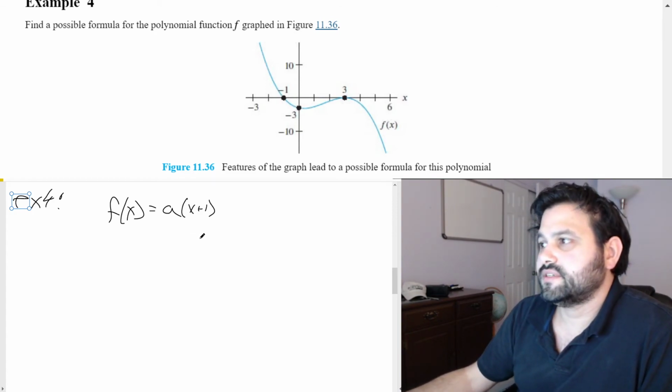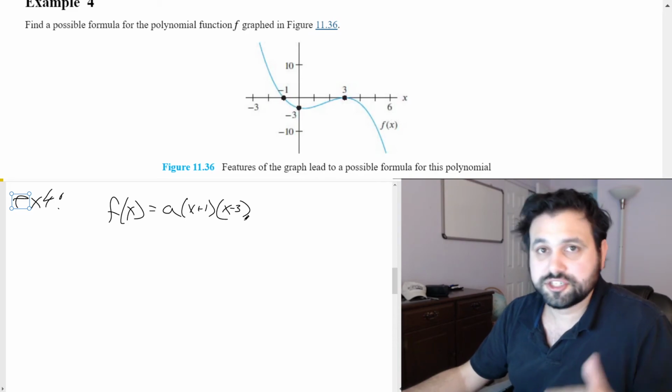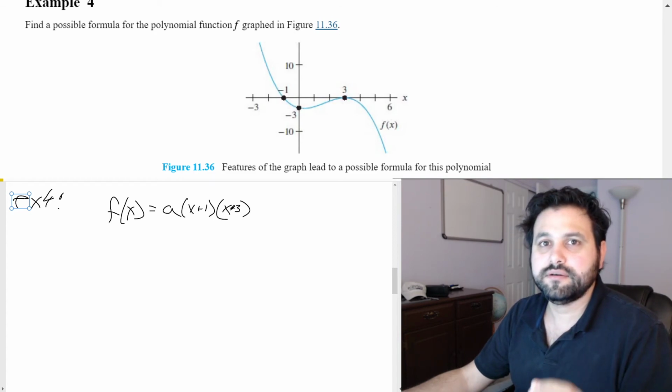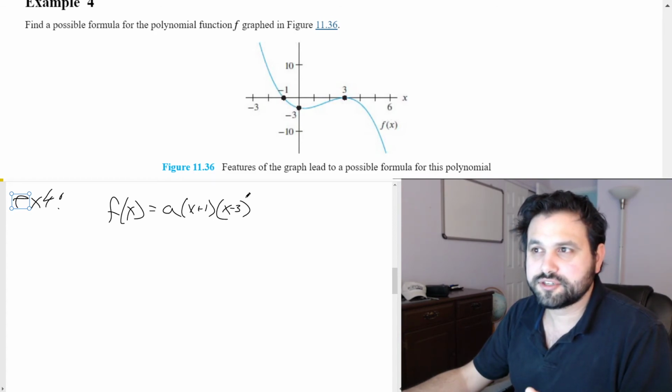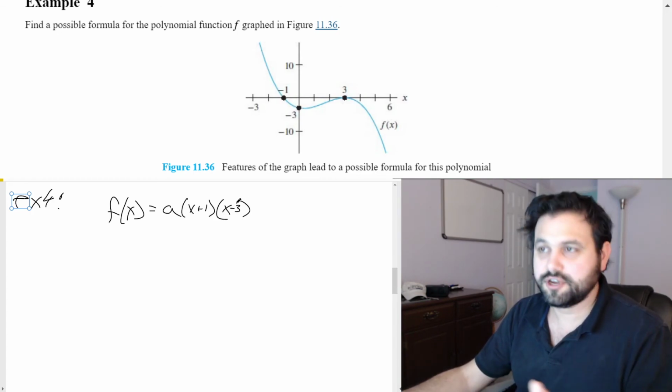My other 0 is +3, so that's going to be x minus 3. But what do we notice about that 0? It touches and turns. So we know that it has to have an even multiplicity. And so technically speaking, we don't know if it's an exponent of 2, 4, 6, 8, or so on.